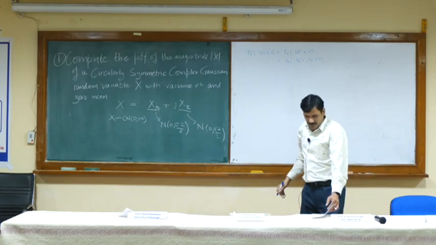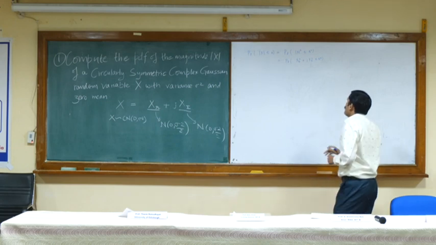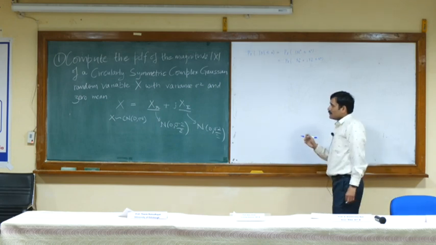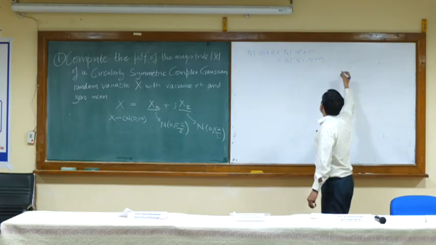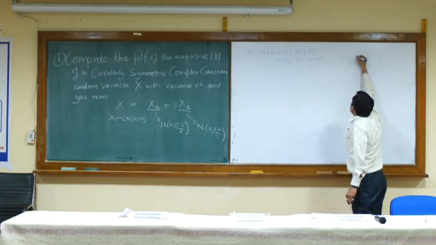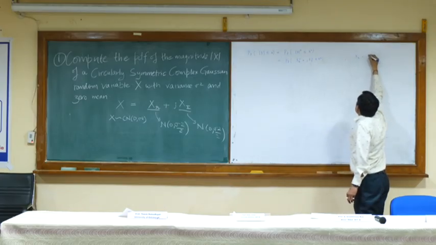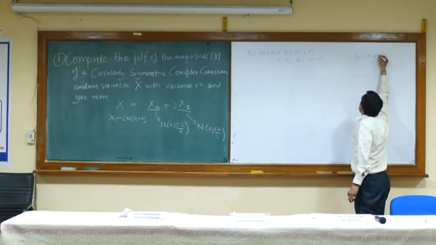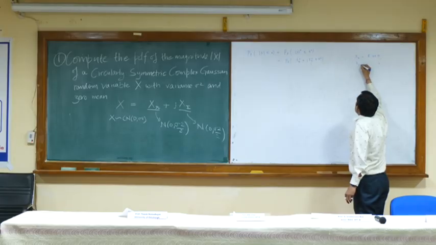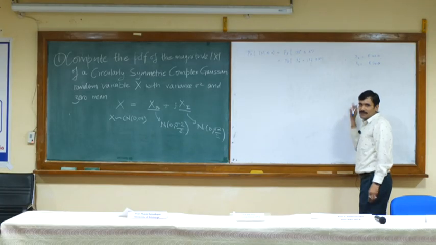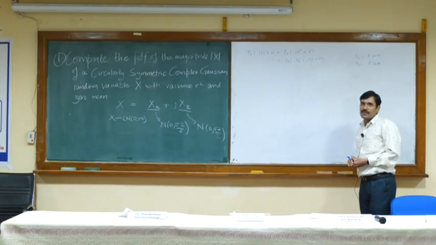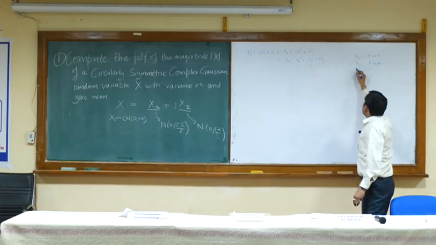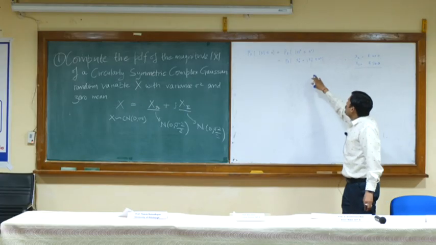Okay, this is easy. Now we can do the substitution. Let xr equal r cos theta and xi equal r sin theta. Is this visible to everyone? Okay.